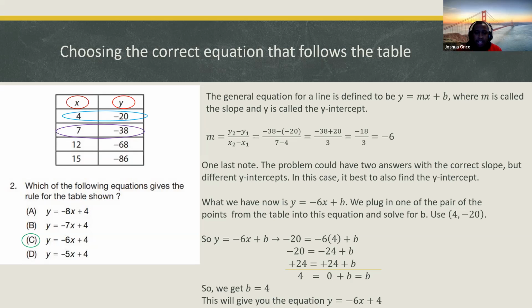And the goal would be to solve for b, and notice b is equal to 4. So in this case, this is why you have -6x plus 4 for your answer choice. But luckily, all of these had the same y-intercept, which allowed us not to have to proceed with this step. But this is a general idea of how you go about finding the y-intercept.